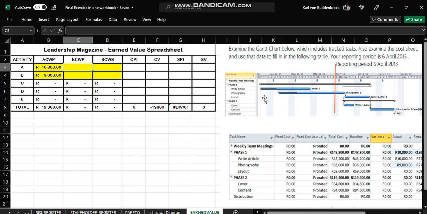So it's 3,600 times 3, so it's 10.8. So the baseline cost of work performed is also 10.8.